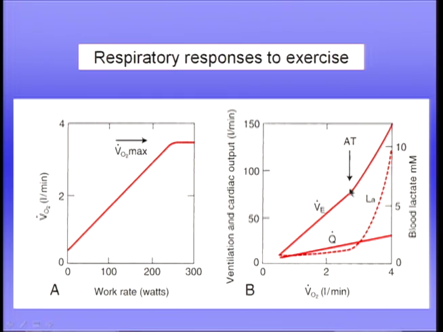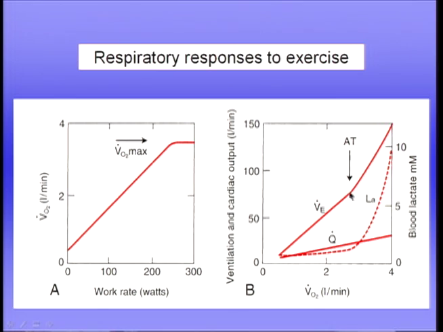And sometimes there's a break point there, and it's sometimes called the anaerobic threshold, although that's a controversial term, and a more politically acceptable term now is the ventilation threshold.